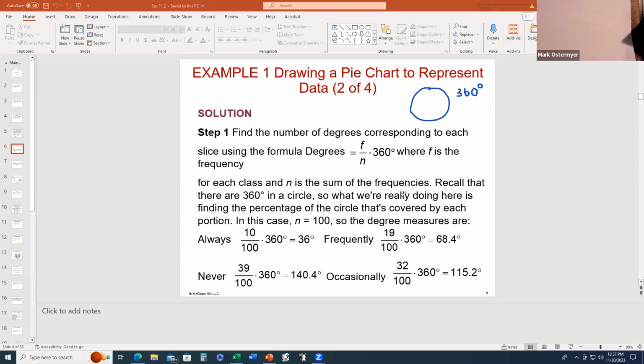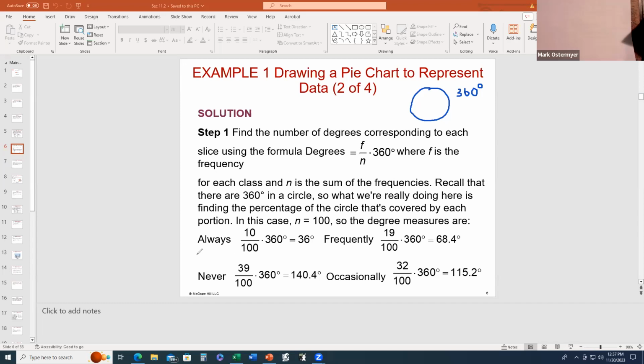And so what we're going to do is take the frequency of each category and divide it by the total number of data points in the data set, and then multiply that fraction by 360 degrees. That will indicate what degree size the slice of the pie or the circle belongs to that category as far as degree measure is concerned.